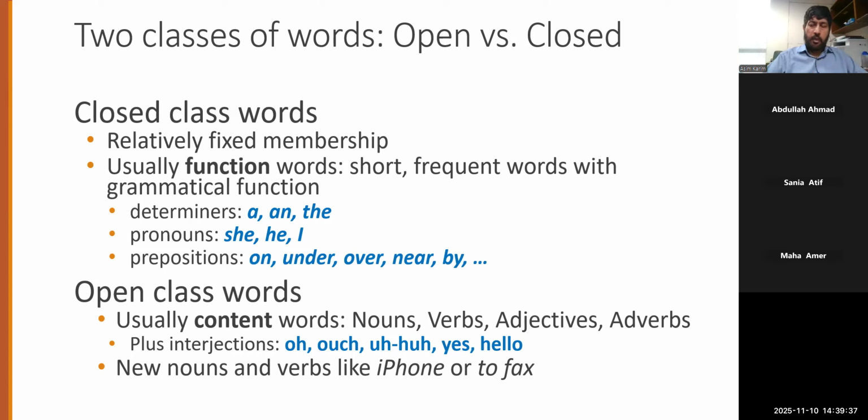So if you think about English, so these are usually function words, and in English you can think of parts of speech like prepositions. You can think of parts of speech like determiners. So these do not change. So determiners का जो number of possible words in the class determiner remains the same. उसमें कौन से हैं? The है, A है, and so on. Similarly, prepositions में besides, under. So these words do not change, or these classes do not change, and we do not get new words in these classes. So these classes are called closed classes.